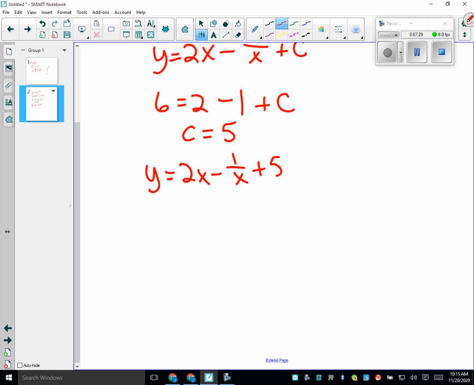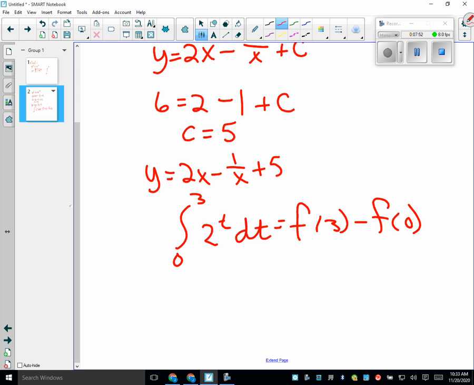So you get to that? Is that right? Oh, let me pause this. You're a million off until the end. On 7, you have the integral from 0 to 3 of 2 to the t dt equals f of 3 minus f of 0, right?